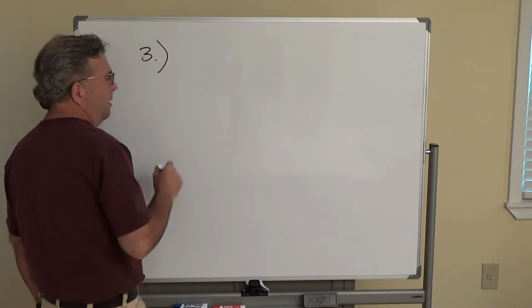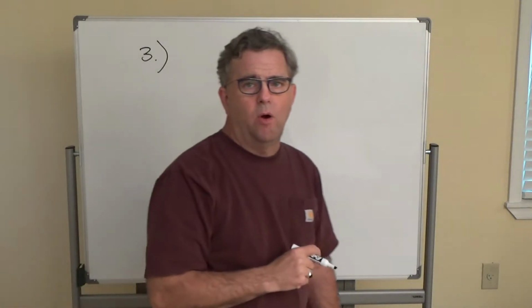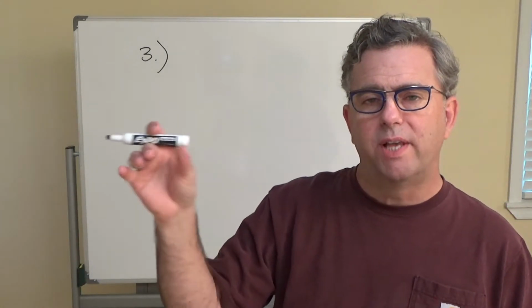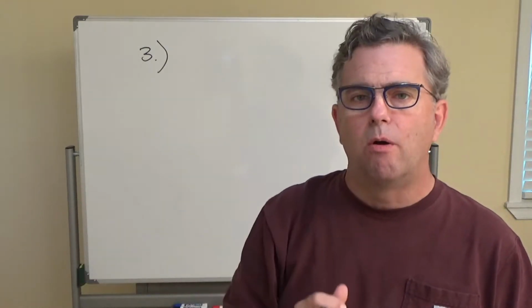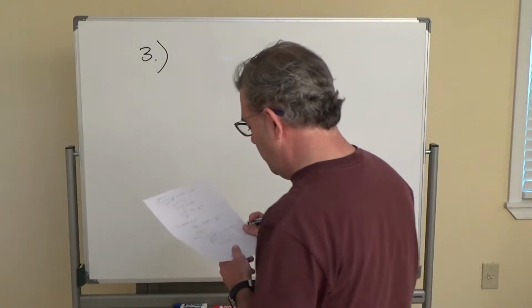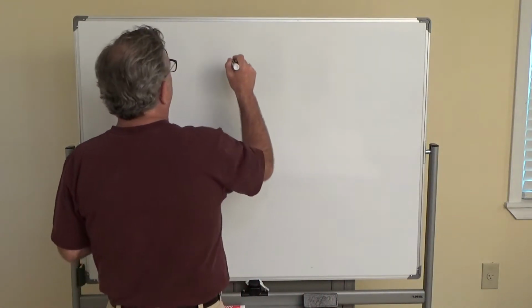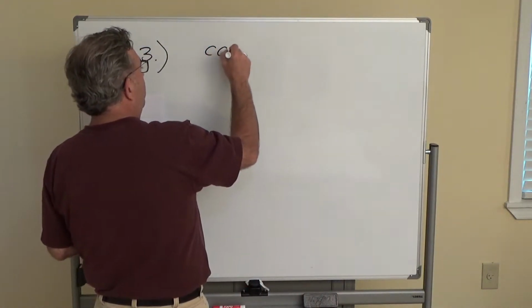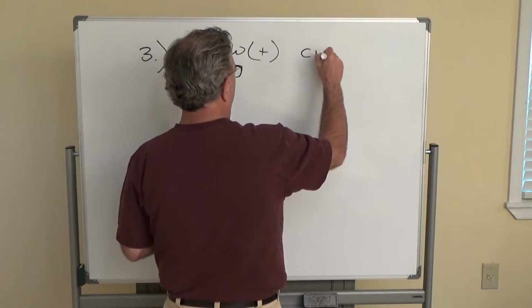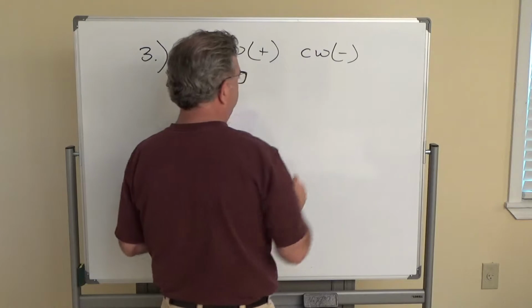So for number 3, it's a multi-part problem on finding the torque on an object. You have several forces acting at a lever arm on a wheel, and you're asked to find the torque. Just remember that counterclockwise torques are positive and clockwise torques are negative.